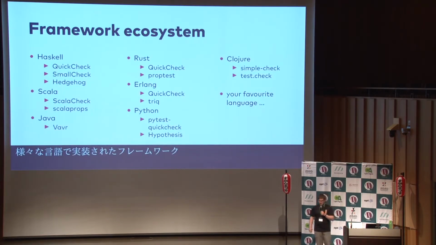Right. So this is a non-exhaustive list of these various libraries. So if you use a language that's on the slide, you have a few options. And there are even more languages which have these libraries. I did a search on NPM 2 days ago for JavaScript, and I think I found just like 20 property testing libraries or something like that.